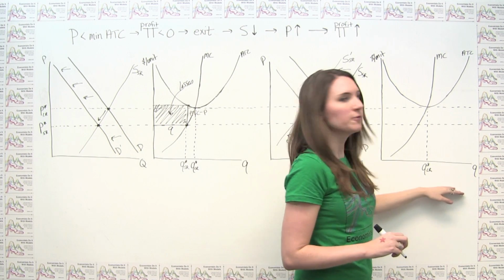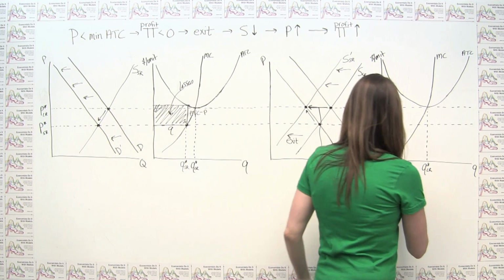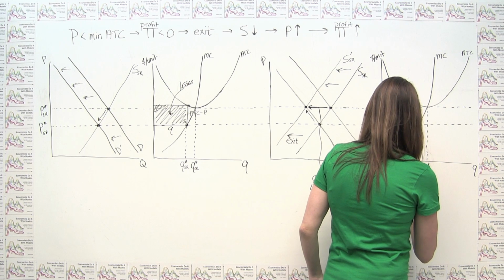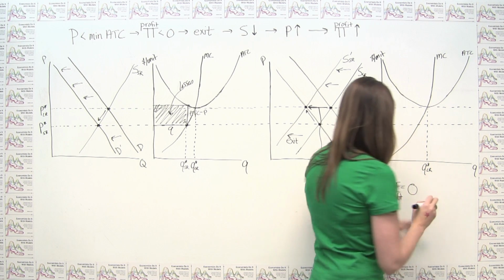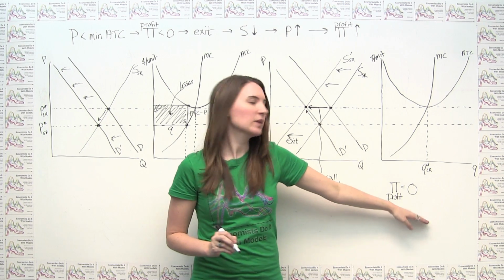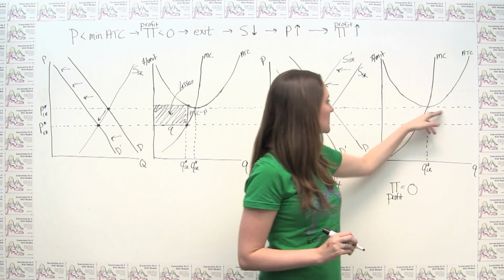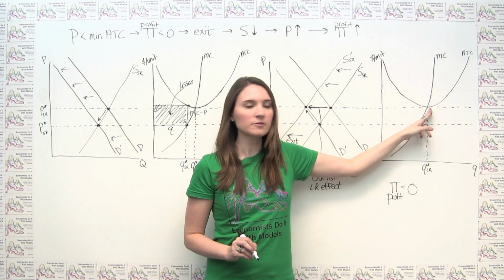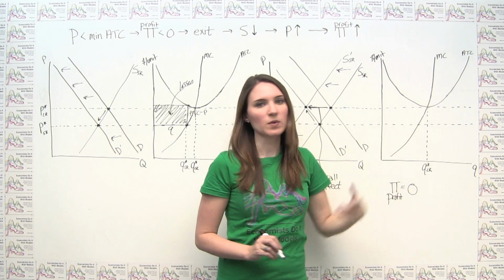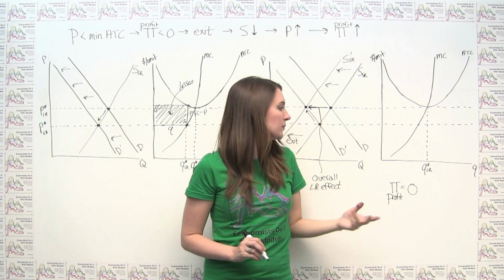For the individual firm, we see that in the long run, we're coming back to a profit level of 0. Because again, we're coming back to that price that's exactly at the bottom of this average total cost curve, which is the price that corresponds to a profit of 0.